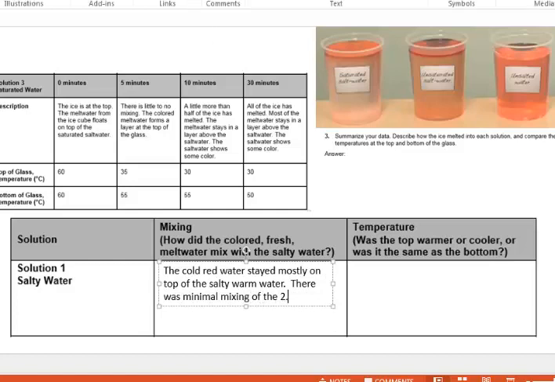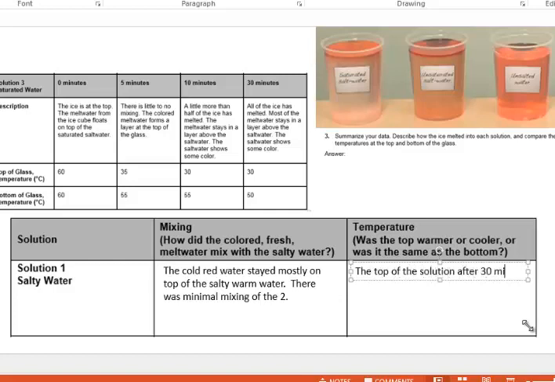If we then look at temperature, we can see the top of the solution after 30 minutes was 30 degrees.